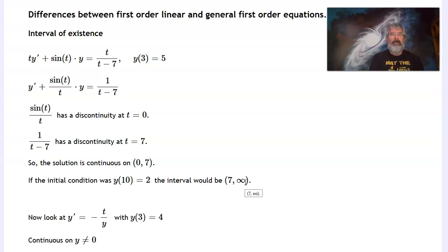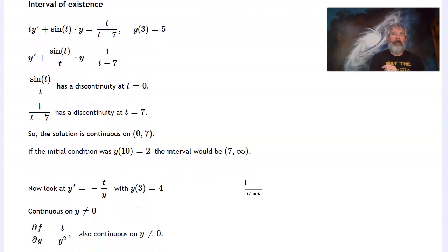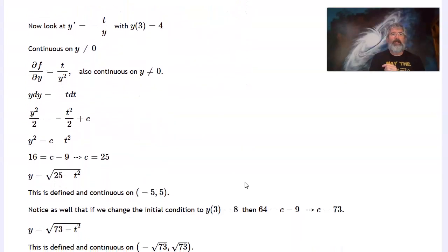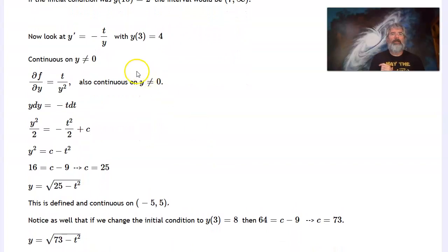Now, on the other hand, let's look at a nonlinear example. So here's my next example where y prime is minus t over y, with y of 3 equal to 4 for my initial condition. This is not linear because of the divided by y here.